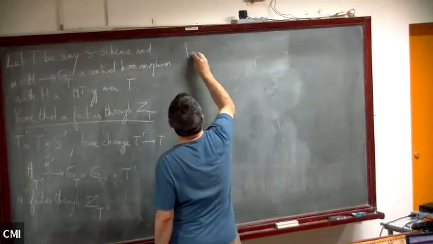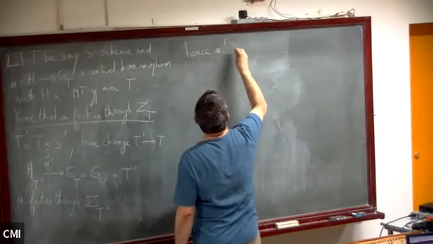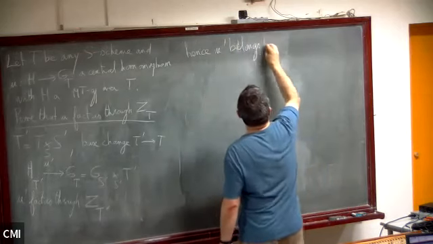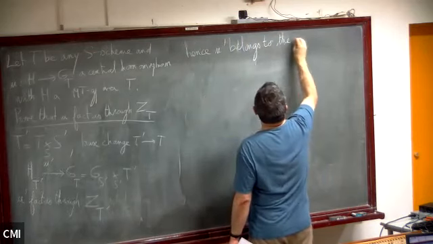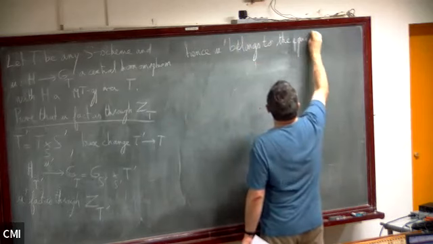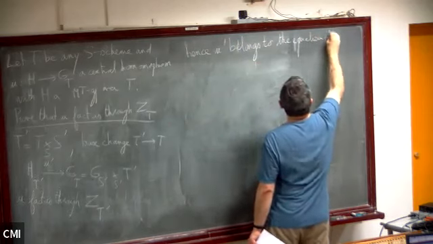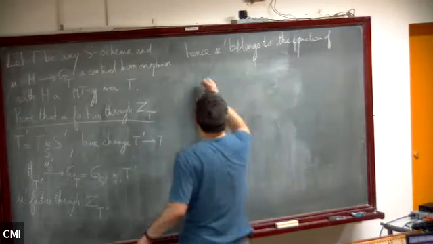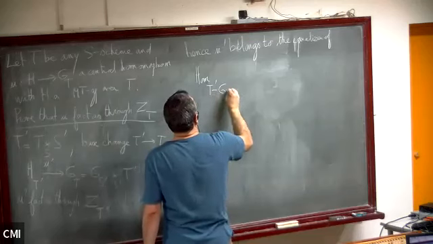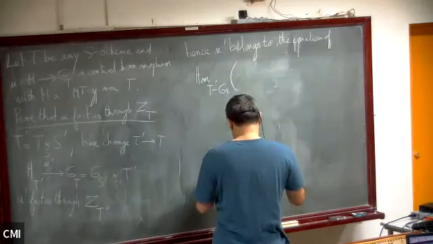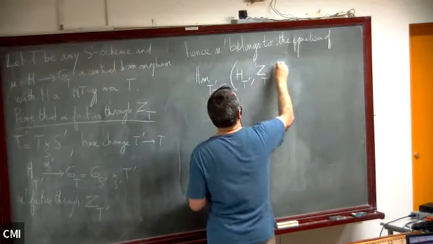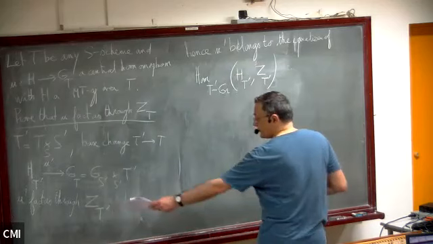U prime belongs to the equalizer of, so we have the morphism of T prime. So this is a morphism.